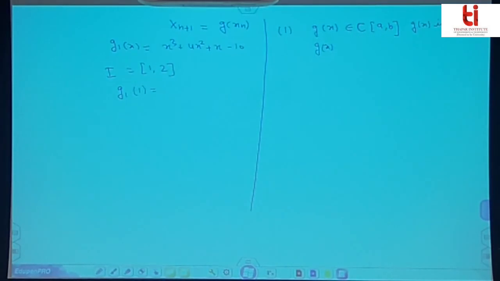The second thing is g(x) belonging to [a, b] for all x belonging to [a, b]. So let us check whether g(x) is continuous or not. It is a polynomial function, so g(x) is always continuous. Polynomial functions are always continuous, so g1(x) is continuous.